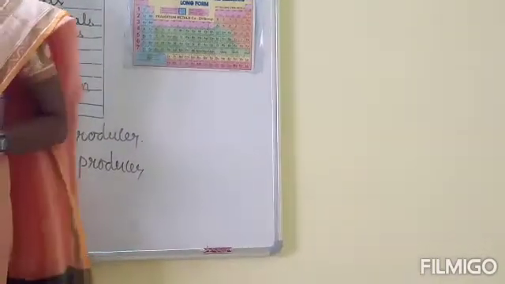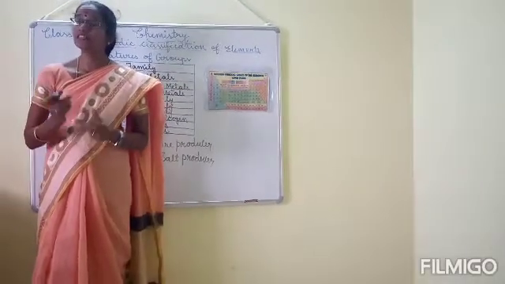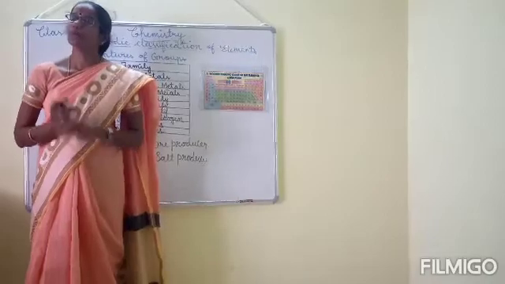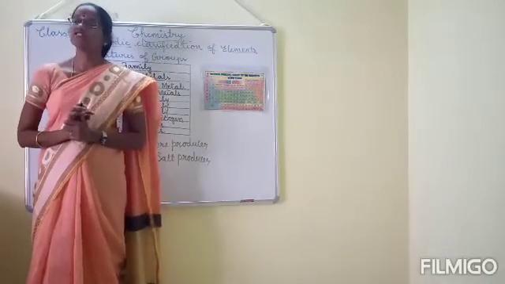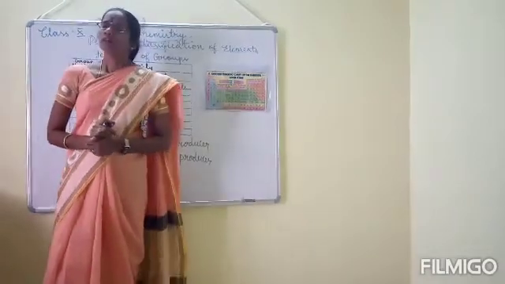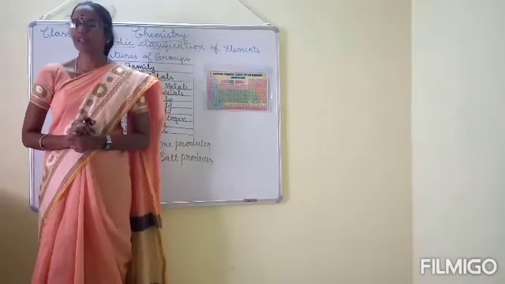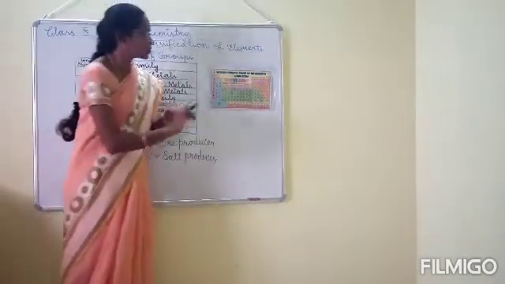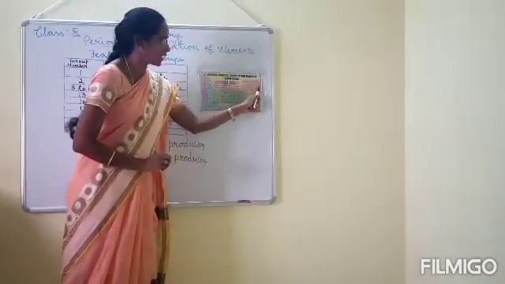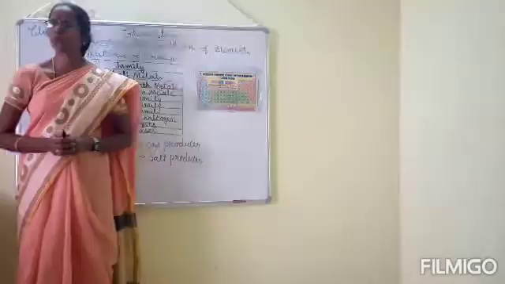Next, the physical properties of elements such as melting point, boiling point as well as density change gradually. Next, the atoms of zero group elements have stable electronic configuration. These are the zero group elements: helium, neon, argon, krypton.